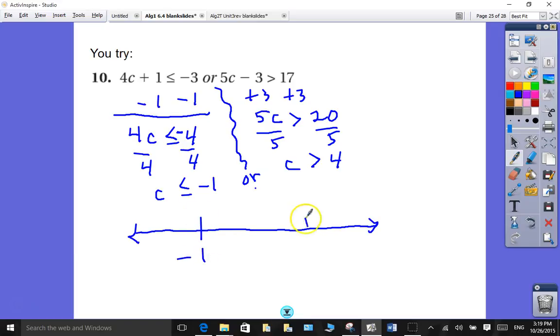Negative 1, and 4. Closed circle on negative 1, shade to the left. Closed circle on 4, shade to the right. And because it's an or, both areas are included in the solution.